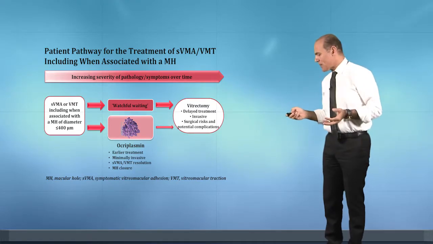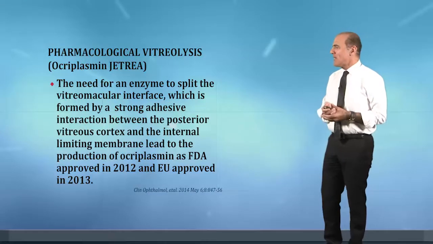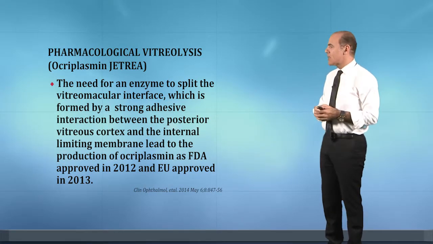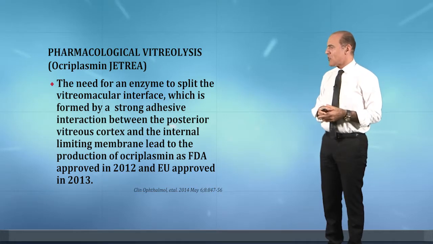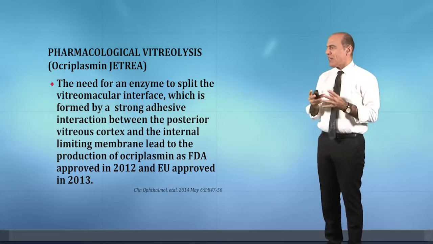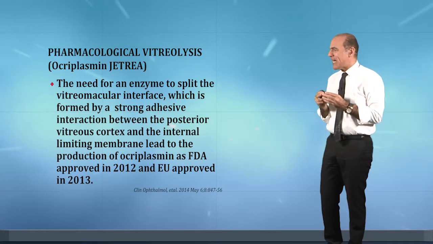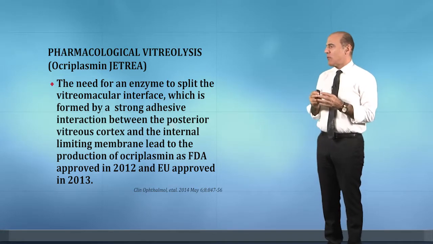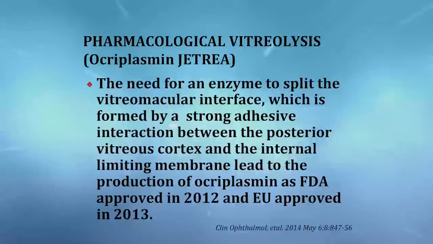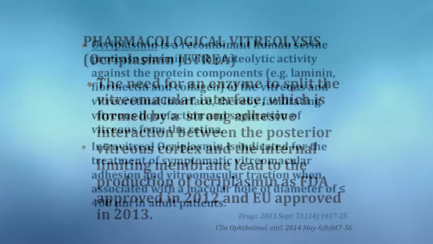So what's ocriplasmin? Its commercial name is Jetrea, an enzyme to split the vitreomacular interface, which is formed by strong adhesive interactions between the posterior vitreous cortex and the internal limiting membrane. It was FDA approved in 2012 and received European approval in 2013.